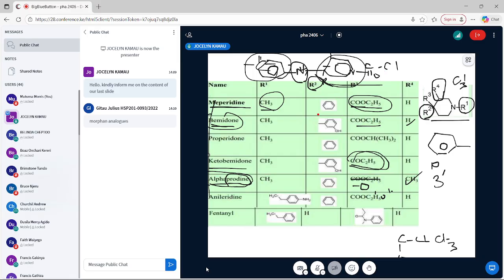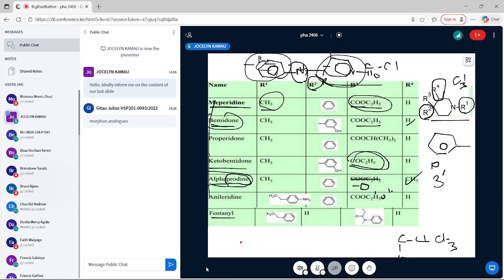So when we talk about the anilidopiperidines, the prototype being fentanyl, you find that fentanyl is very, very potent. Indeed, fentanyl is used in theater as an adjunct to the general anesthetic for that patient to have pain relief.